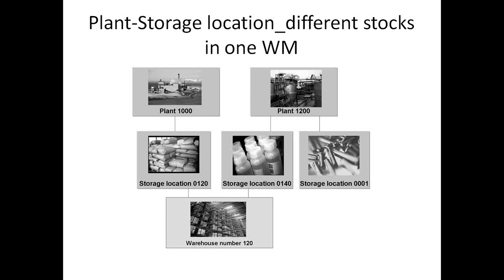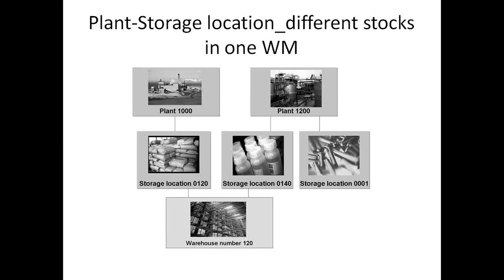Plant 1000 with 0120 and 0140 is assigned to 120. But the storage location 0001 is not assigned to any warehouse, so whenever you receive stock at storage location 0001, there won't be any warehouse management activities.